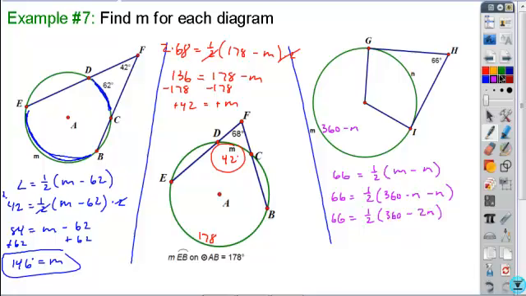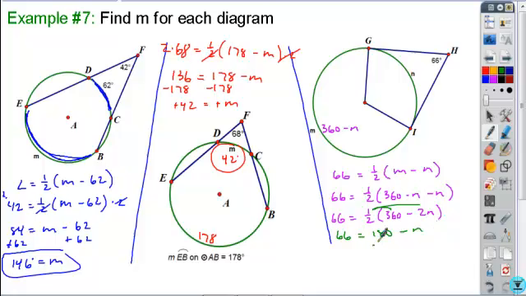Now, in this particular case, you could either multiply both sides by 2. However, if you can distribute and not wind up with a fraction, it'll actually simplify the numbers you're working with. So I'm going to prefer to distribute here. So what's half of 360? 180. And what's half of negative 2N? Negative N. It just gives me an easier number to work with here.